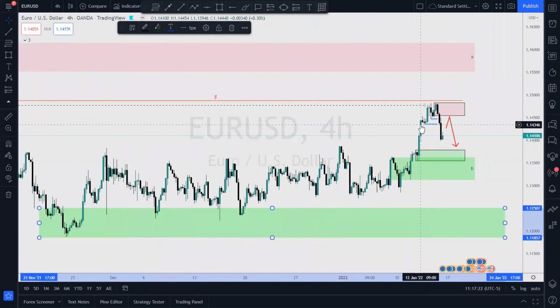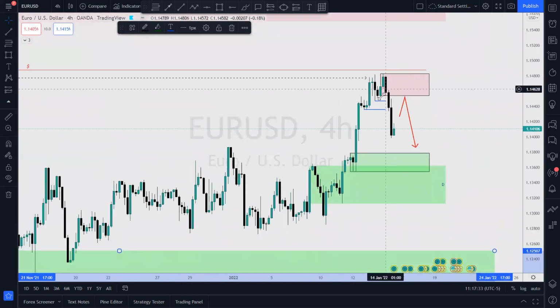What do we see here? We see this impulse, another impulse higher, and then a pullback, and we form this bearish order block here. This is on the 4 hour now. We break 2 short-term lows with that impulse down.